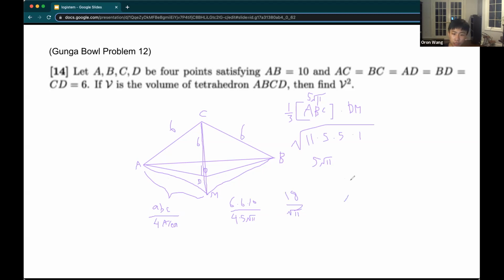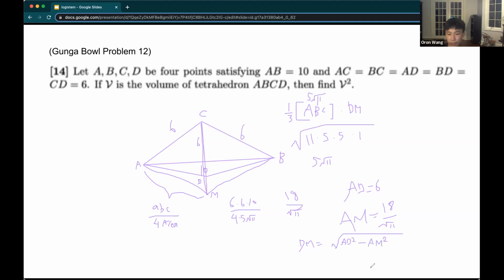And now we have AD equals 6, AM equals 18 over root 11. And we have DM equals the square root of AD squared minus AM squared.